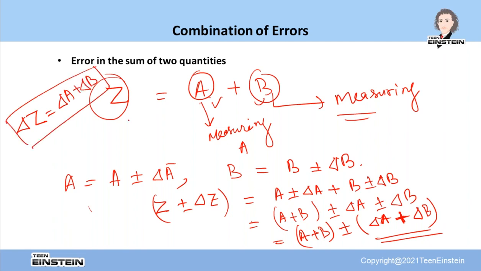So the absolute error in each individual quantity will be additive, they will be simply summed up. Hence the rule is: the maximum possible error in the sum of two quantities is equal to the sum of the absolute errors in the individual quantities.